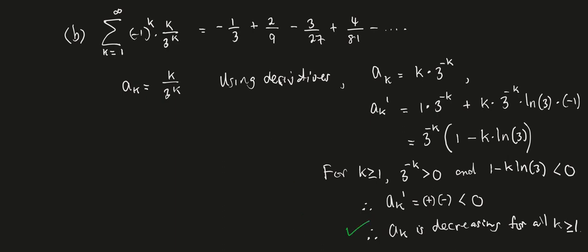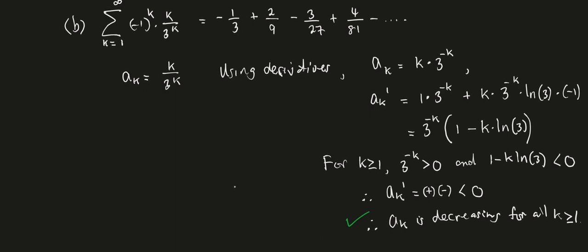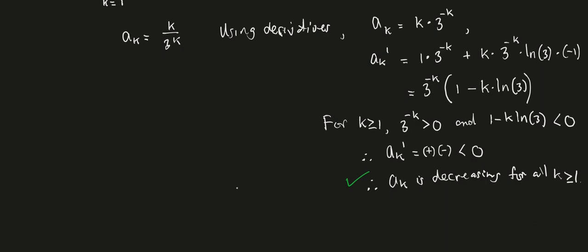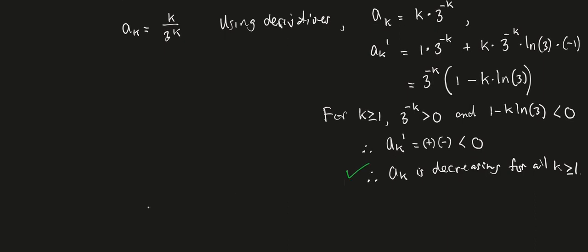Next up, we want to see if the limit of this as k goes to infinity, do these terms approach 0? So yes, they're getting smaller, and we can see them up here getting smaller, but the question is, do they get small enough? How small is small? Well, for us, infinitely small is 0.